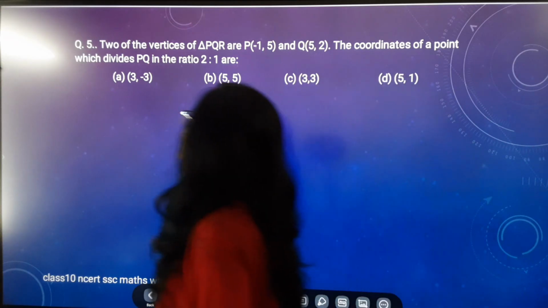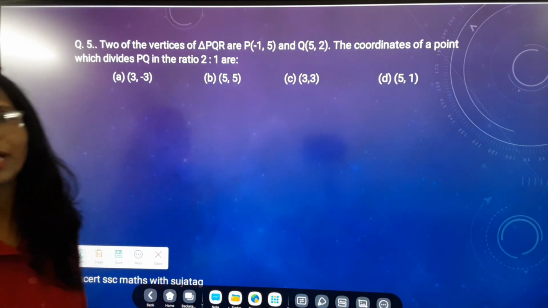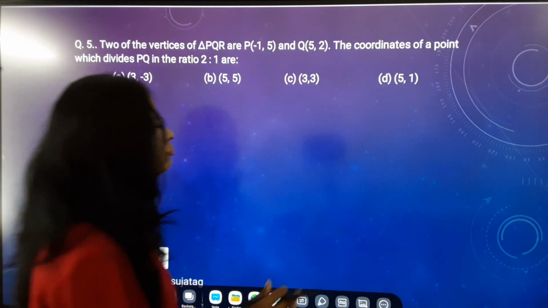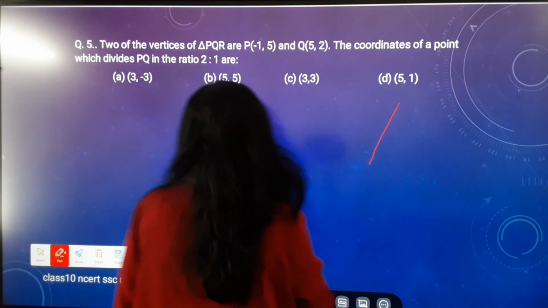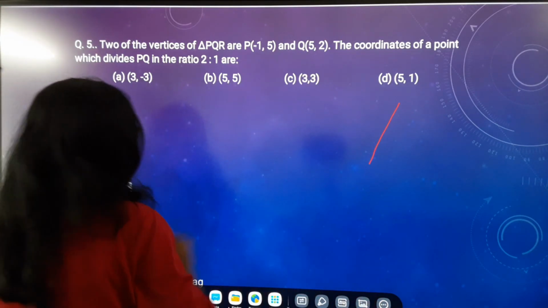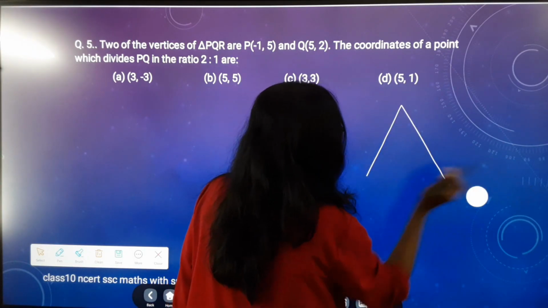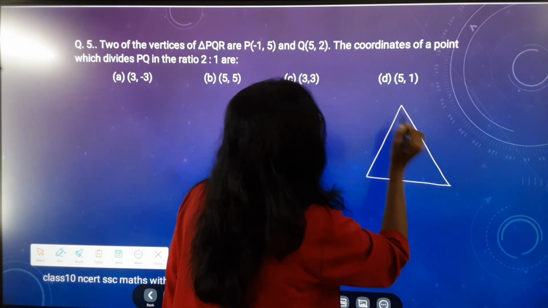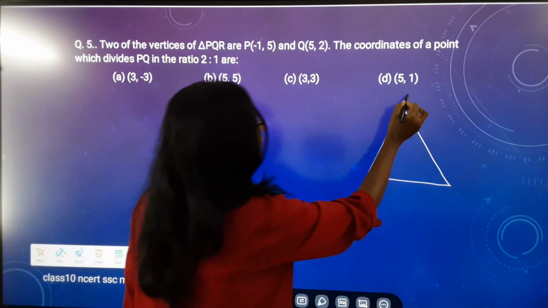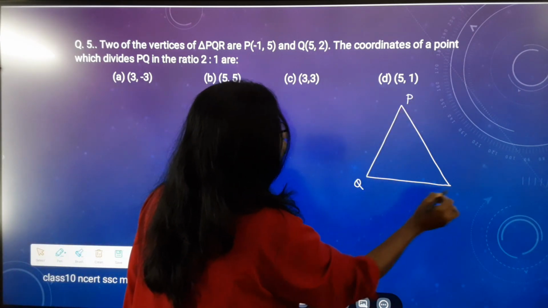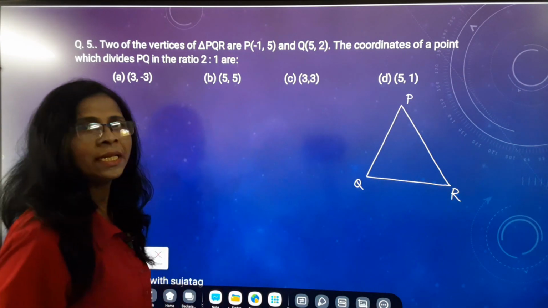Now here, students, these are two vertices of triangle PQR. So first we draw the triangle PQR.